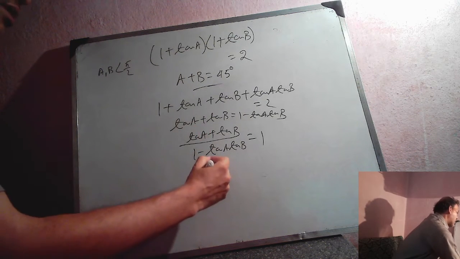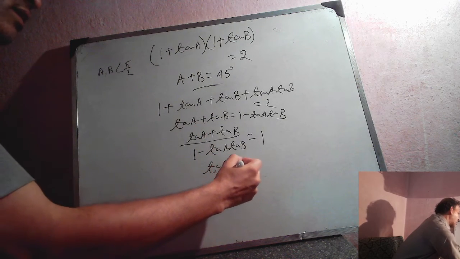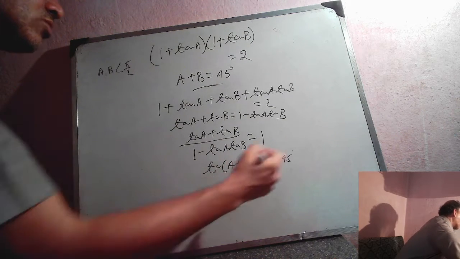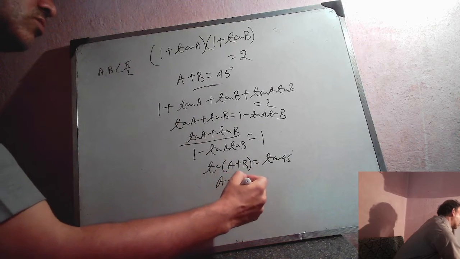This is tan of (A + B). So tan (A + B) equals 1, which means tan 45 degrees. So A + B equals 45 degrees.